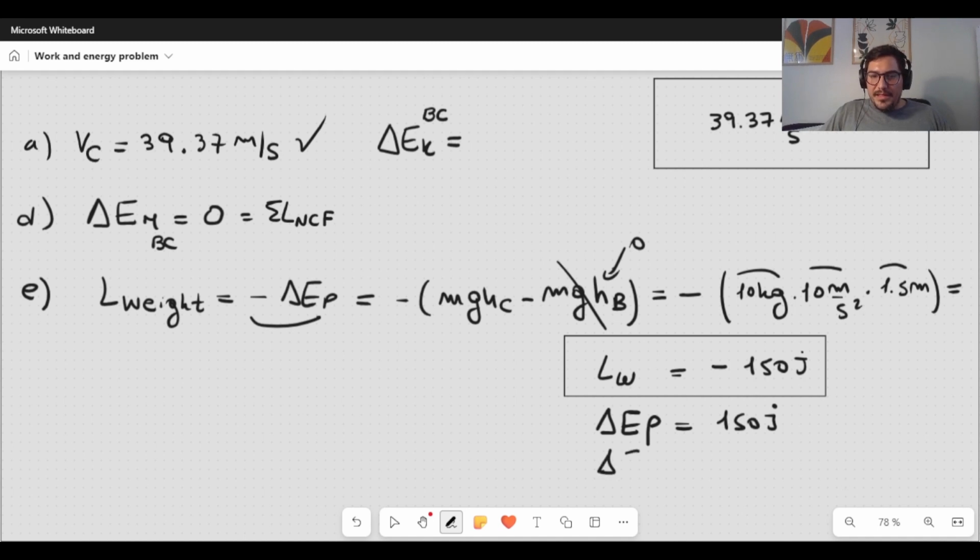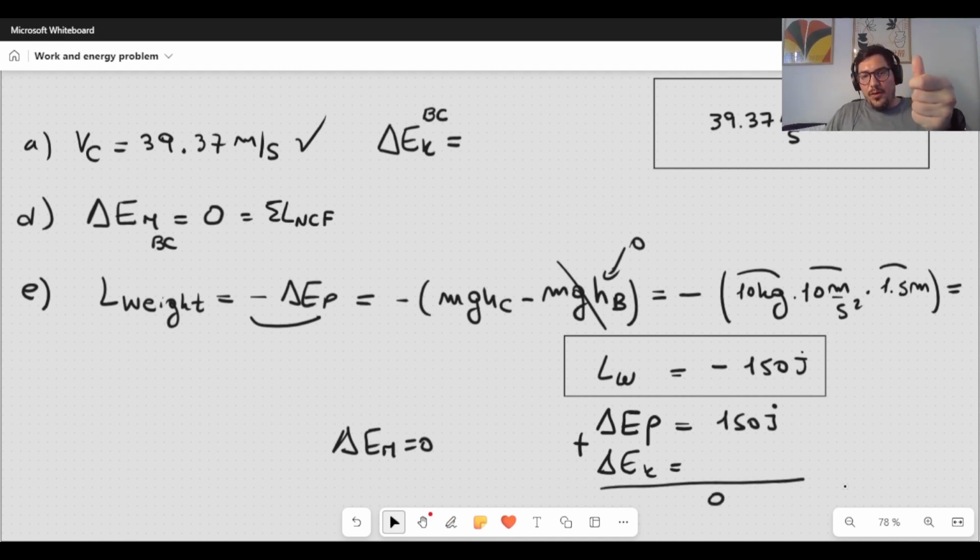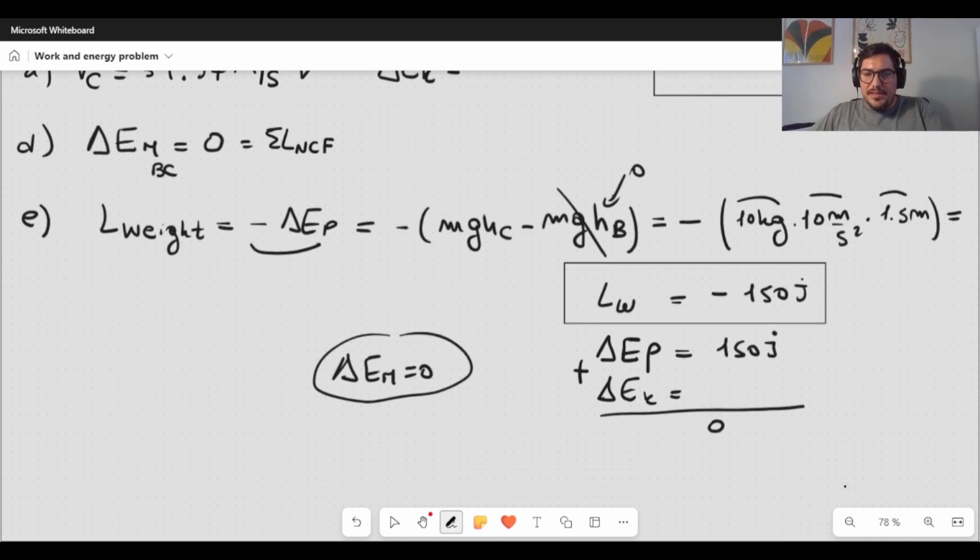And what about the kinetic energy? If we know that the change in the mechanical energy is 0, when we sum these two terms, the result should be 0 because what you gain in one energy must be lost in the other one. So the change in the mechanical energy is 0.